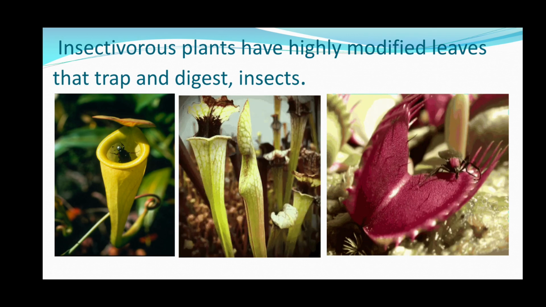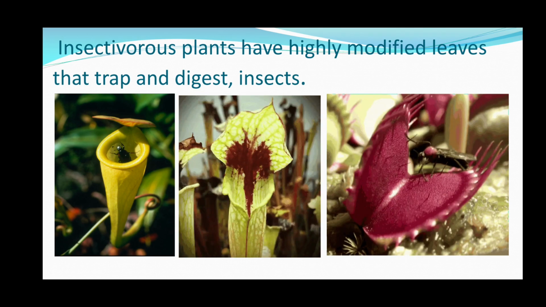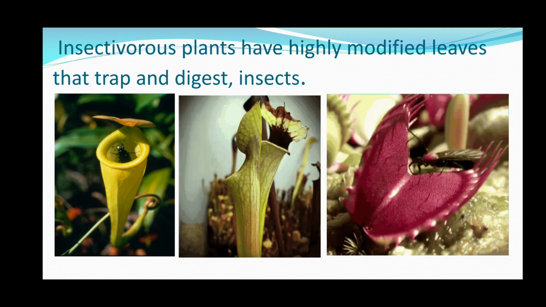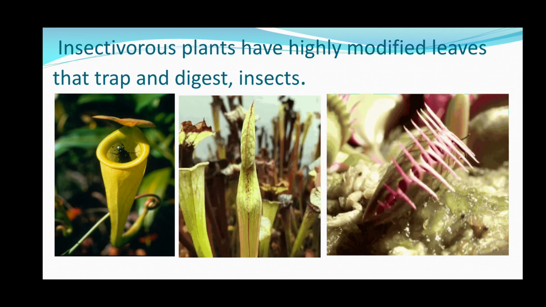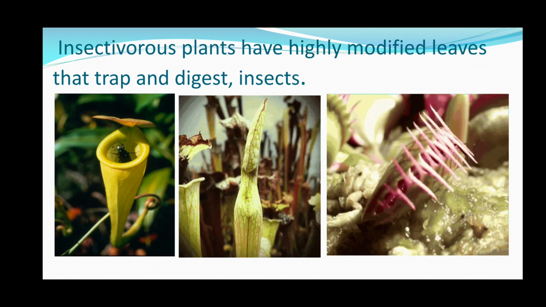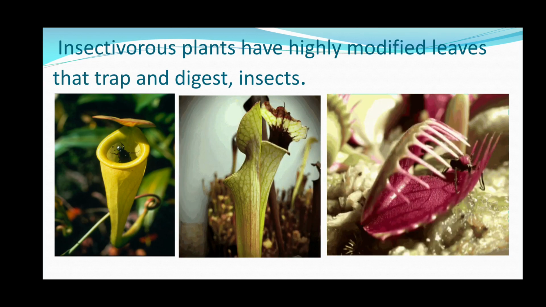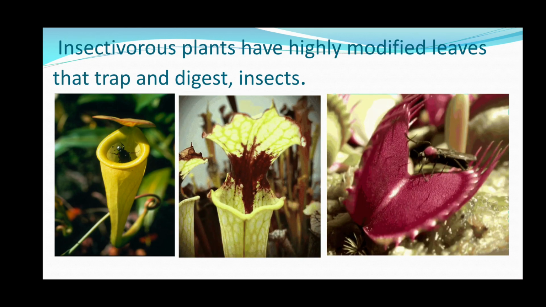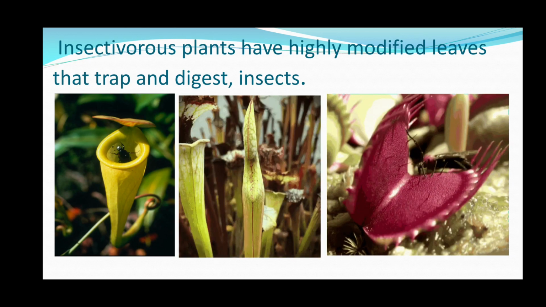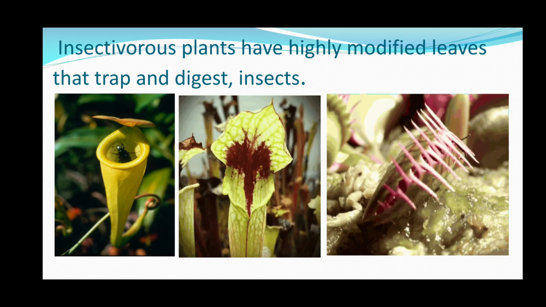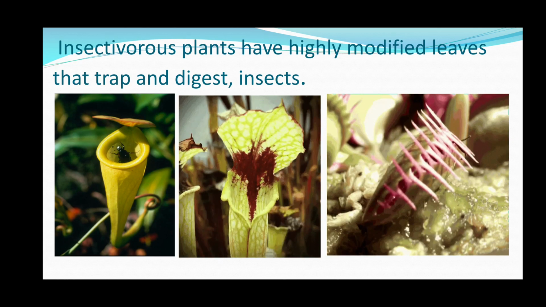Next is the pitcher plant. Students, in some plants like the pitcher plant, the sundew plant or the Venus flytrap, these plants have highly modified leaves that trap and digest insects. Although these plants prepare their food by the process of photosynthesis, they also trap insects to fulfill their nutritional need.